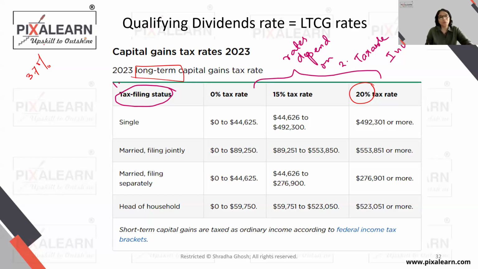That means in the US, if you're showing something as long-term capital gains, you're in an advantageous condition because you end up paying lower taxes on that. And if your AGI is really low, depending on your filing status, you may end up not paying any tax on those dividends or on those LTCG. So qualifying dividends and LTCG rates are the same.